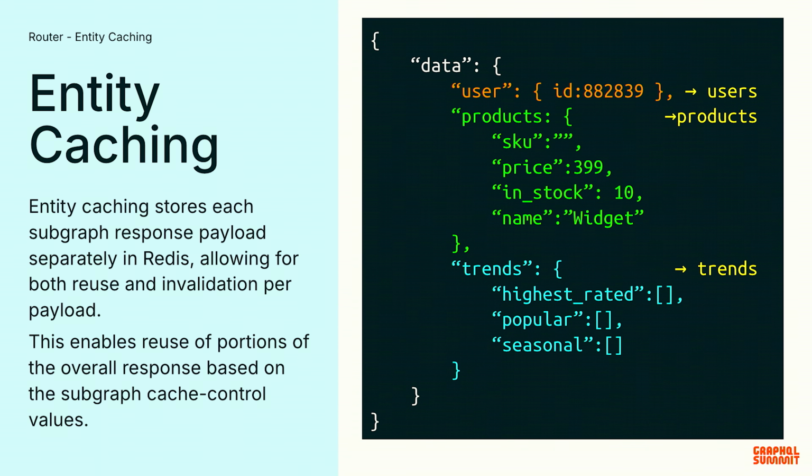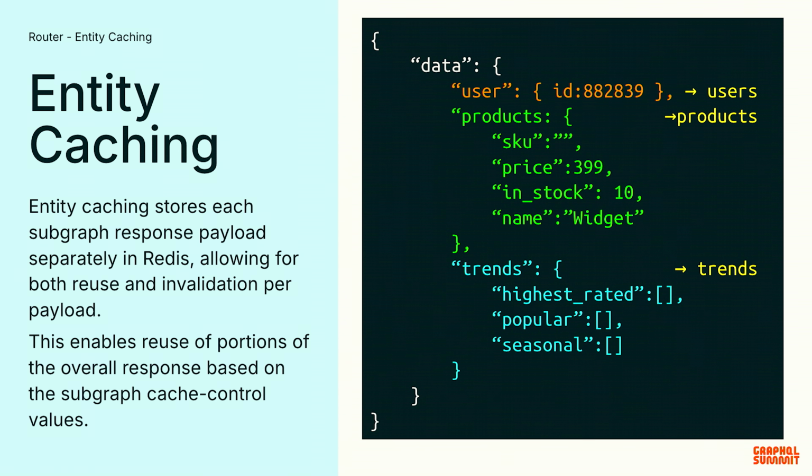Well, entity caching actually allows us to cache the responses from each one of our subgraphs separately in a cache, which means that they can be reused like Lego bricks. You can think of your overall response being a set of blocks of data. Each one of those pieces of data is associated with a particular request, but it's also associated with particular cache control information.